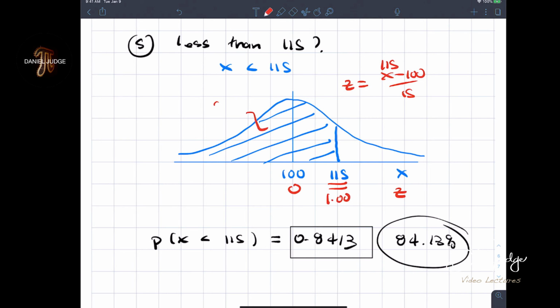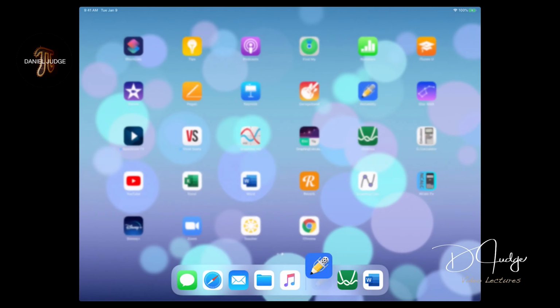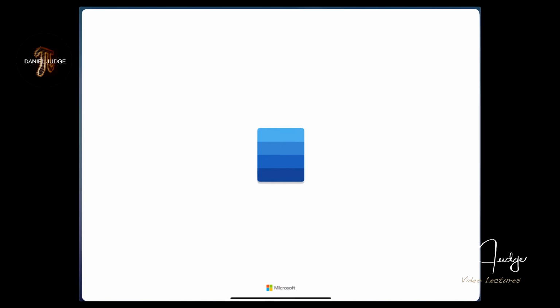To the left, we have 50%. Nothing's missing here. We got to find what percent we're going to add. So I'm going to use that Z table. See what that is. All right. So we're going to go back to all the way to the end. Keep going to the end.